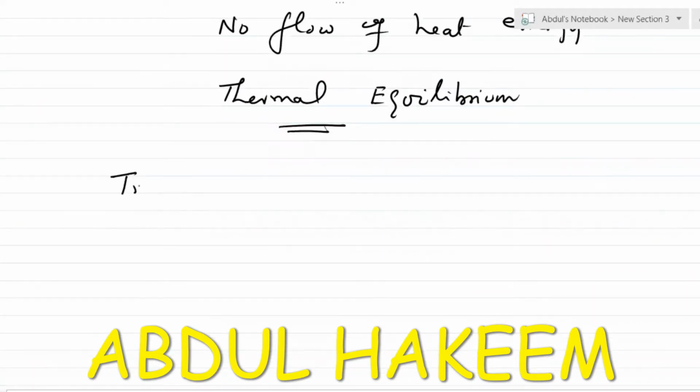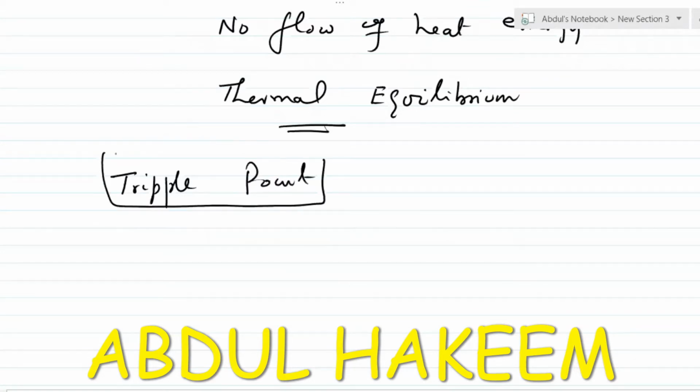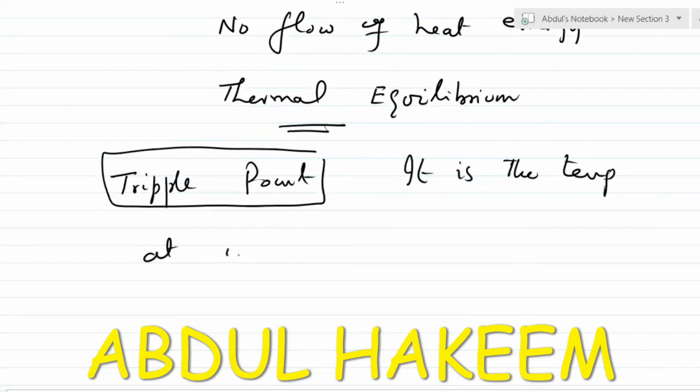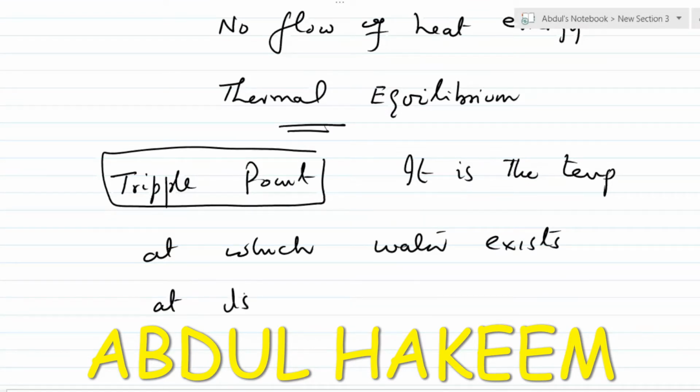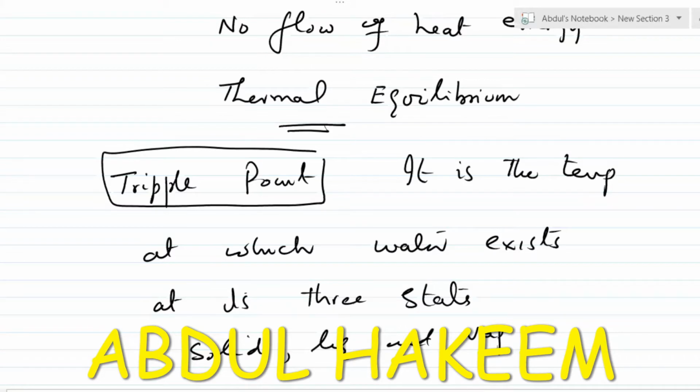Next, triple point. This triple point is also a temperature. It is the temperature at which water exists at its three states, means solid, liquid, and vapor, mean gas, together.